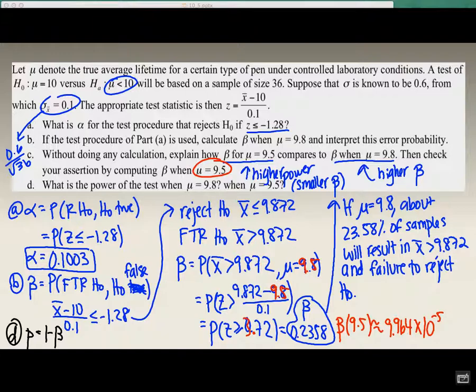So when mu equals 9.8, you're going to do 1 minus 0.2358, which is 0.7642. This is when mu equals 9.8. And then when mu equals 9.5, the power is going to be 1 minus pretty much 0, so the power is approximately 1.